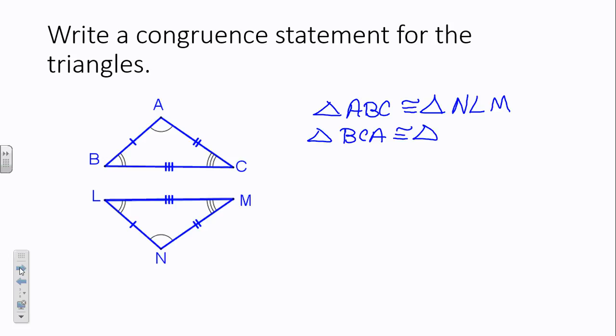But if they started with B and went to C and then to A, we have to start with what, Natalie? B is equivalent to which one? L. C is equivalent to M, and A is equivalent to N, so L, M, N.